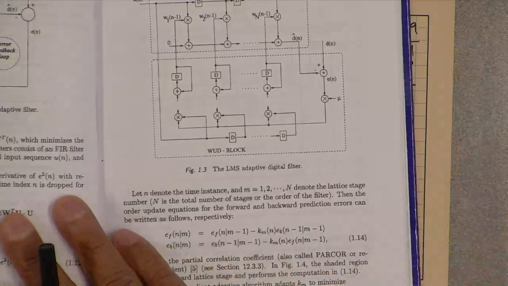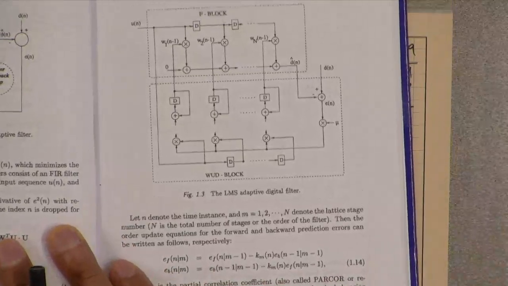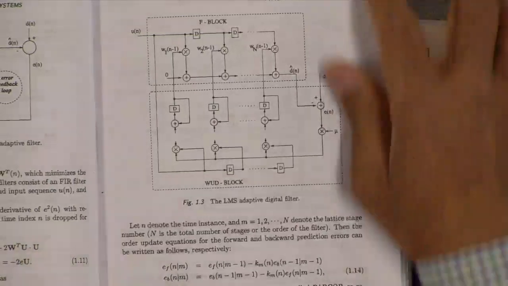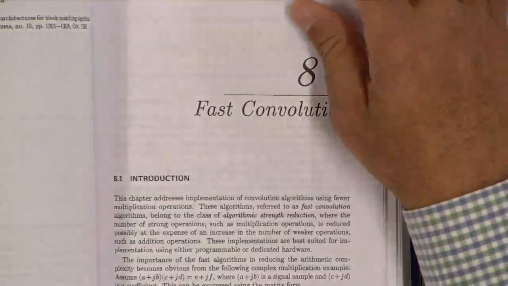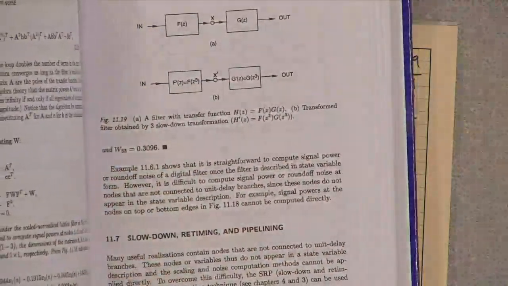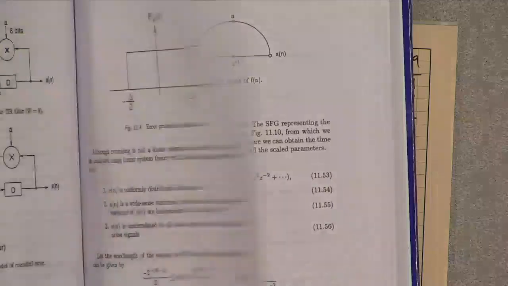And so one goal is to pipeline that LMS adaptive filter. How can we pipeline that LMS adaptive filter? There was work based on the so-called delayed gradient.